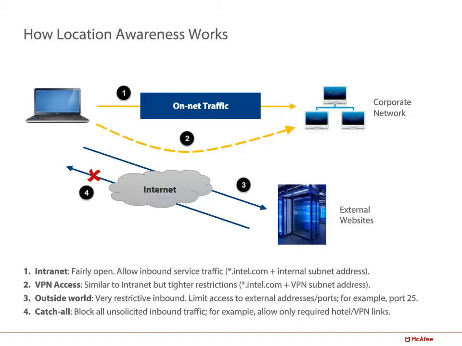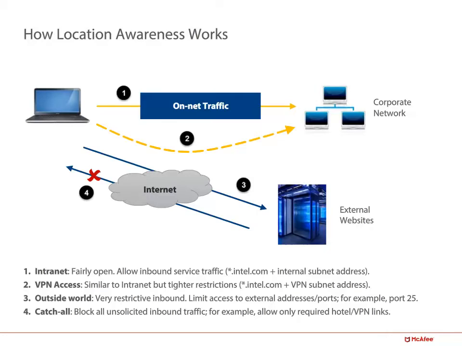Then I can also have a second set of firewall rules that has to do with the fact that I'm connecting to the corporate network using the VPN. So I can have a slightly more strict set of rules that can be placed having to do with the fact that the person is outside the company network, but they are coming and connecting up through our VPN.